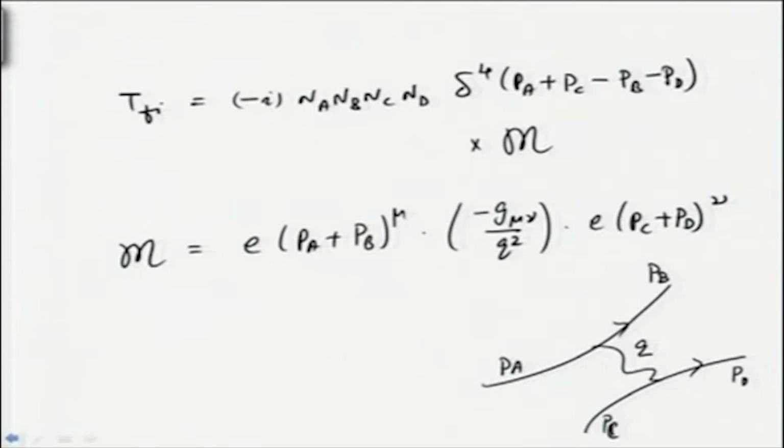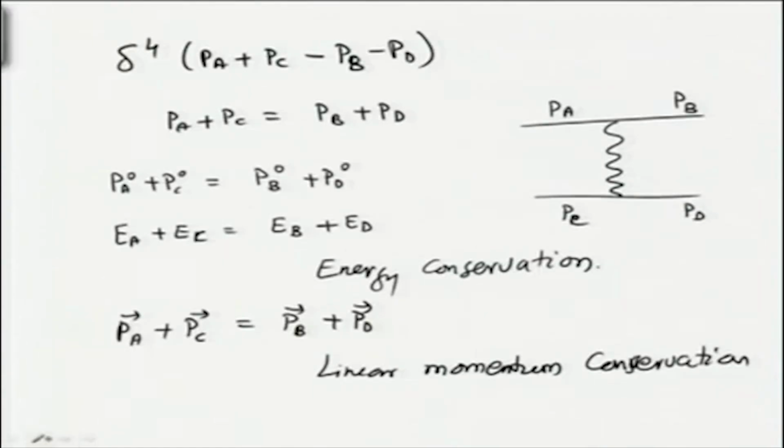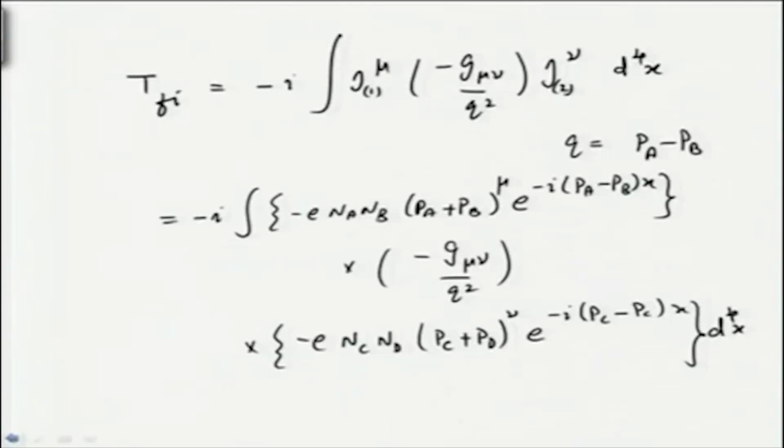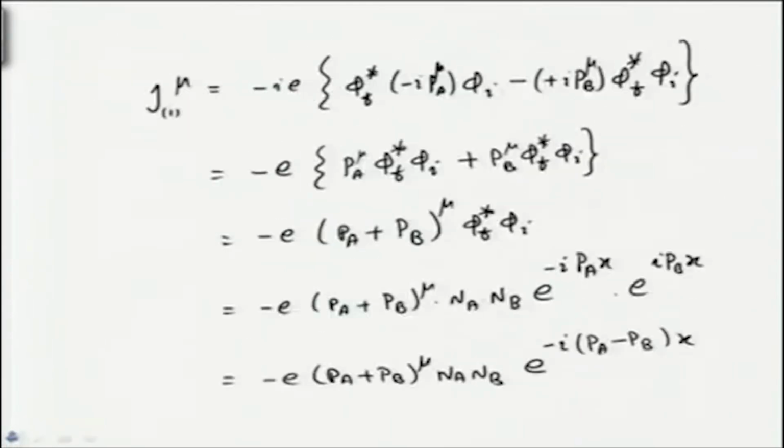The rest of it, all the dynamics, is in the quantity M, and M is called a Lorentz invariant transition amplitude. Note that when we consider this charged particle, initially we have not considered any information about this particle other than its momentum and charge.